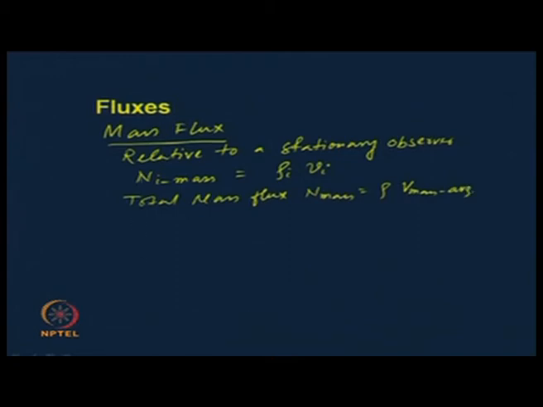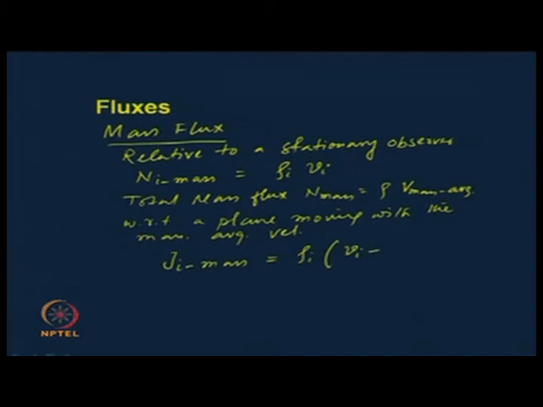Similarly, if we calculate the mass flux with respect to a plane moving with the mass average velocity, then we can define J i mass is equal to rho i times v i minus v mass average.